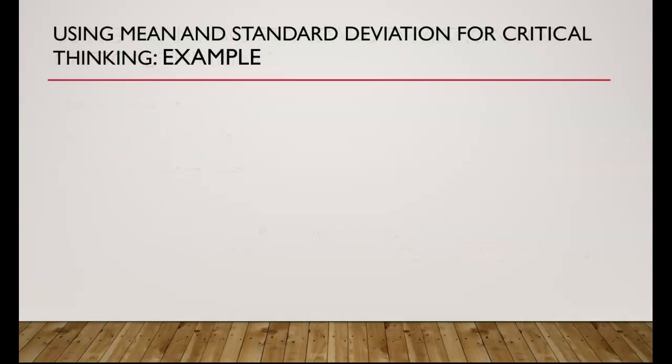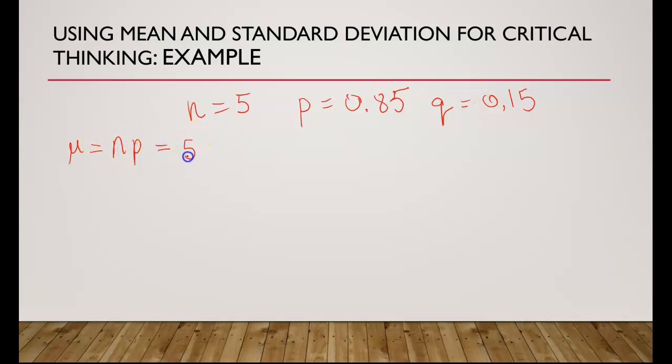Let's use the same example with n equal 5, p equal 0.85, q equal 1 minus 0.85, which is 0.15, to find the mean, variance, and standard deviation. Mean is equal to n times p, equal to 5 times 0.85, equal to 4.25.